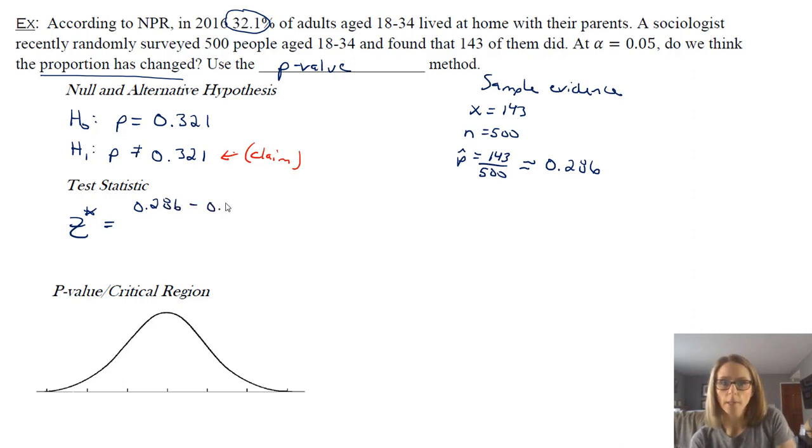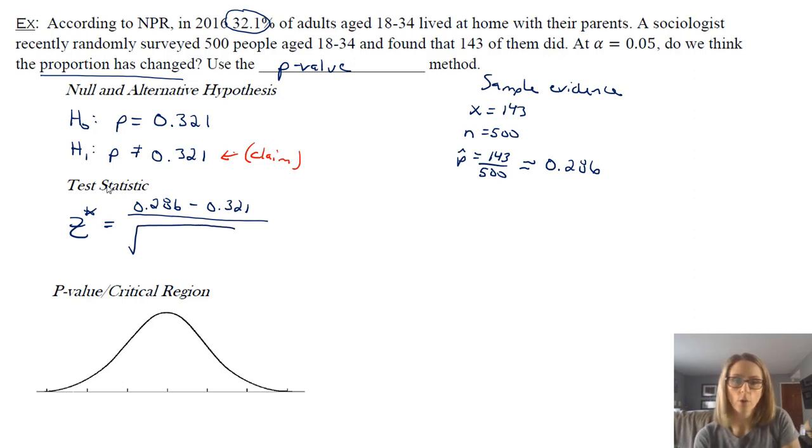I subtract it from my P, and then I'm going to divide it by the square root of, and this is a key thing because sometimes students will do this incorrectly. This is P times Q, so 0.321. And then Q is just 1 minus P. So you can either do 1 minus P, or you can just write out 1 minus. Just make sure to put that in parentheses. And then 500. And that's all under the same square root.